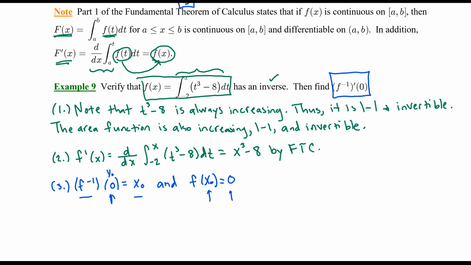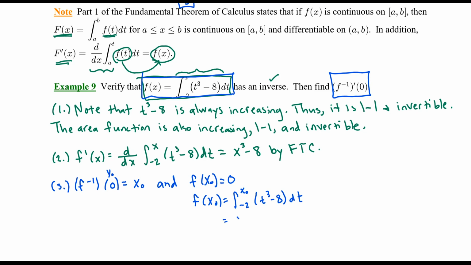Now let's evaluate f of x naught according to the definition of the function up here. So f of x naught is equal to the integral from -2, I'm plugging in my argument here, x naught, of t cubed minus 8 dt. And we know that this is equal to 0.